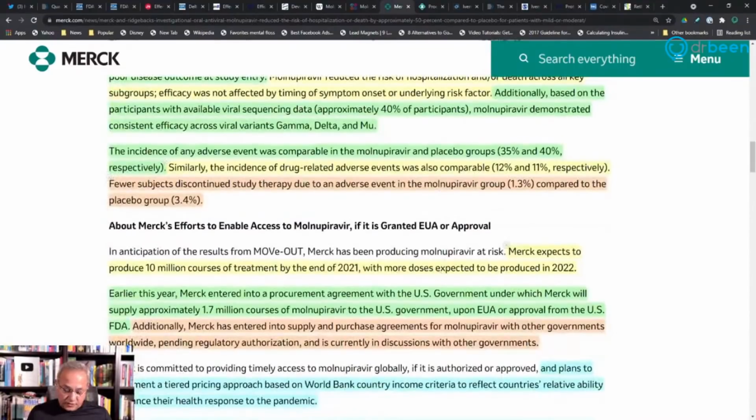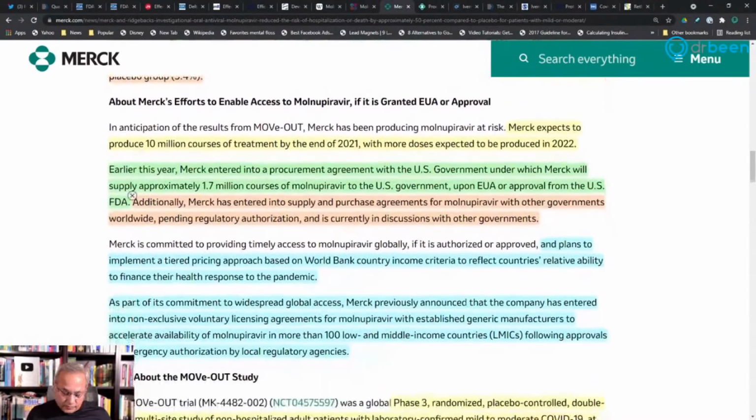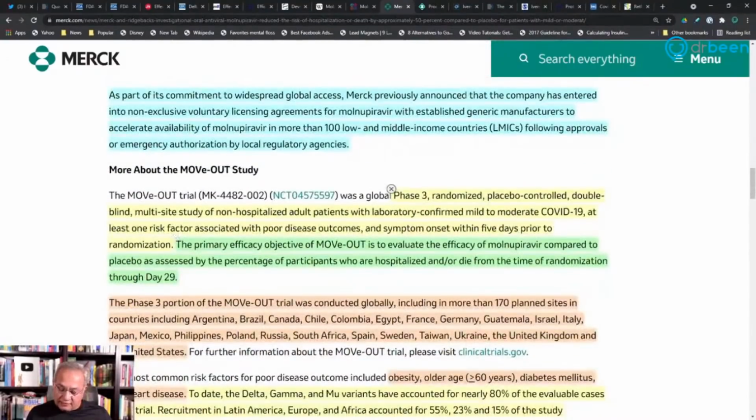If you see here, it says the MOVe-OUT trial was global. Phase 3. Again, now please remember the numbers that they have presented here.